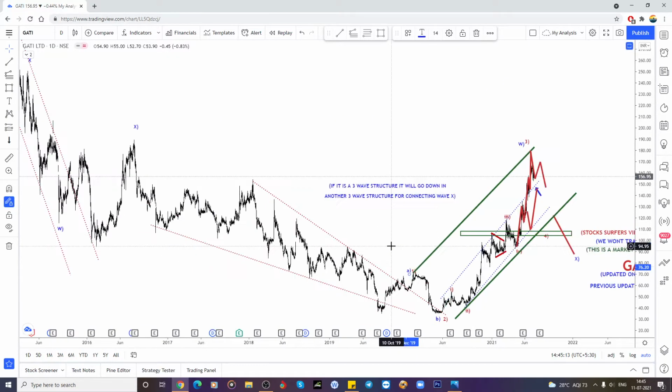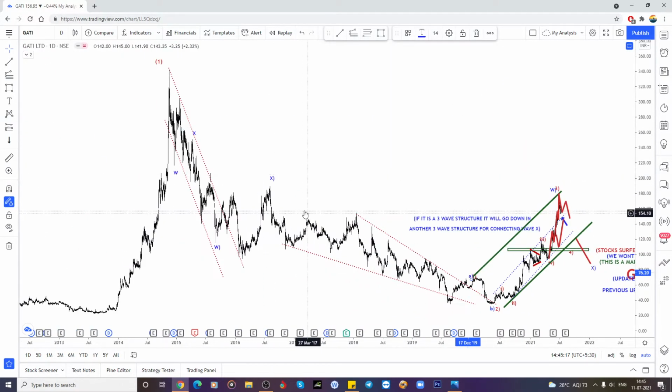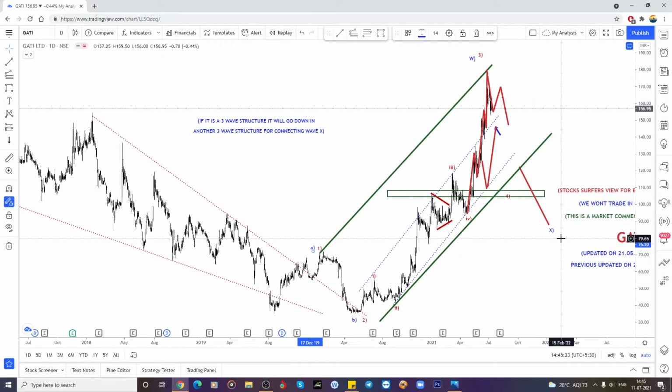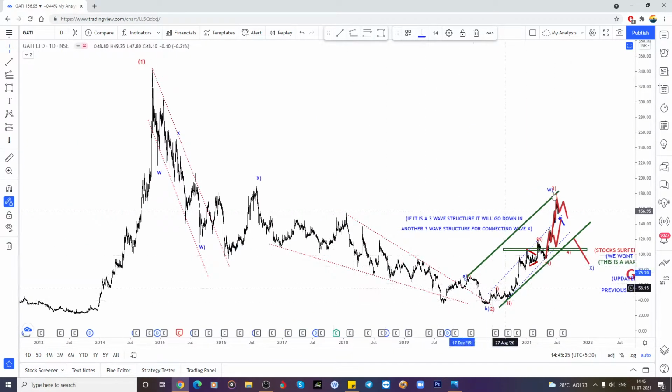Yes, so this is the major resistance zone, right? So where we are in the major resistance zone, expecting this three-wave structure, let's wait for that, whether this could be a B, C, because I took this as a wave 1, this as a wave 2, so waiting for the third wave.